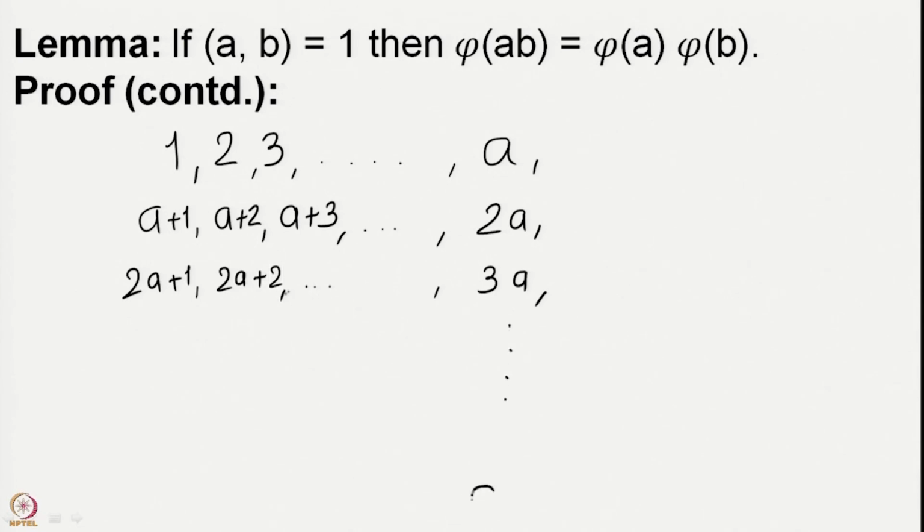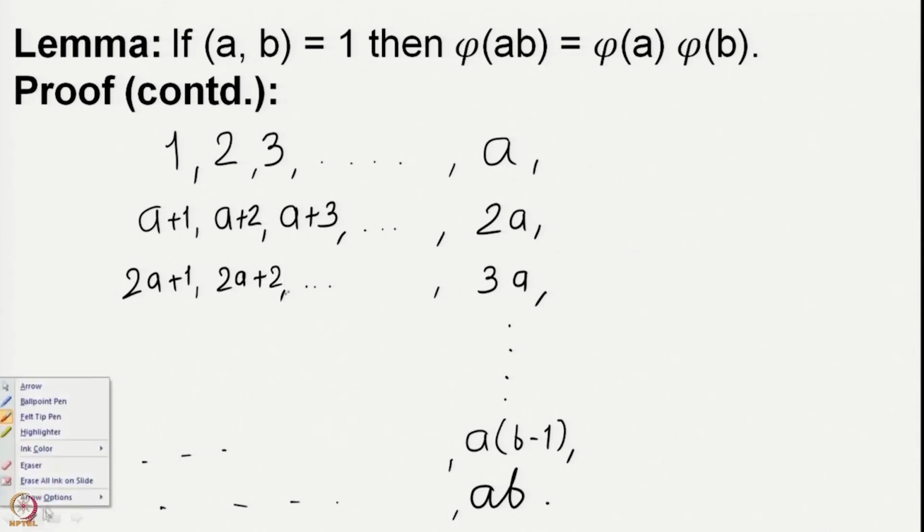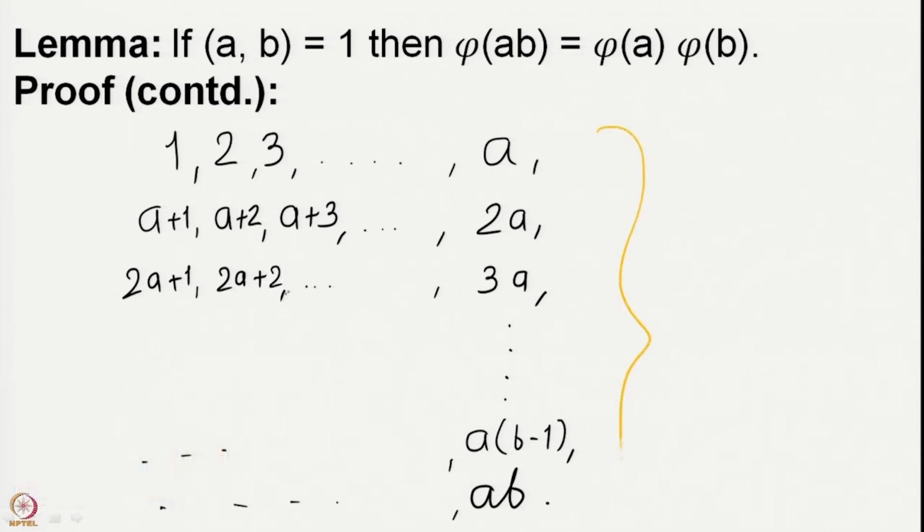The last thing here would be AB, and you are just adding A every time. So, the last but one thing would be A into (B minus 1). This is how we would have all these AB terms.